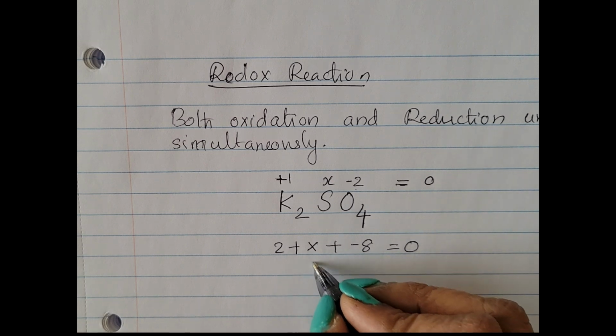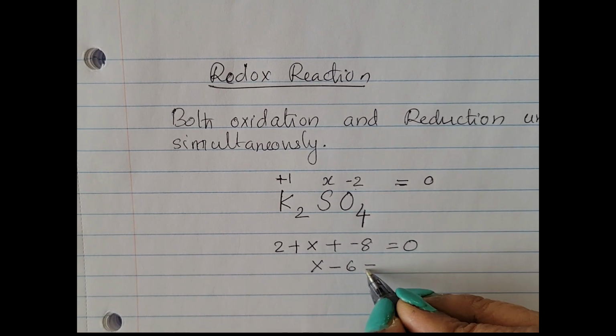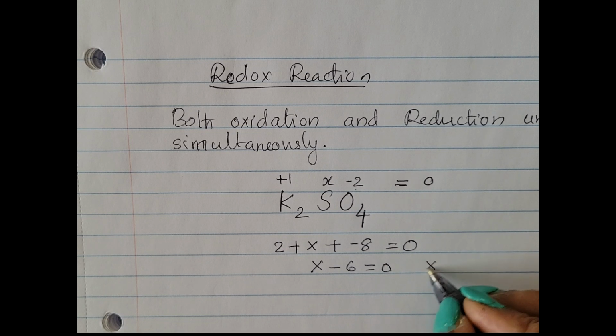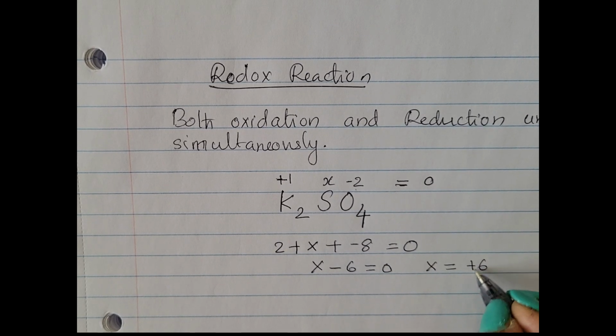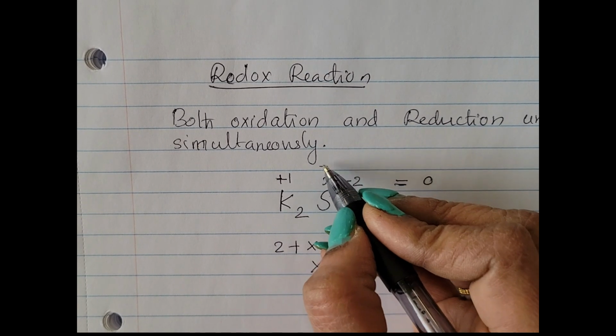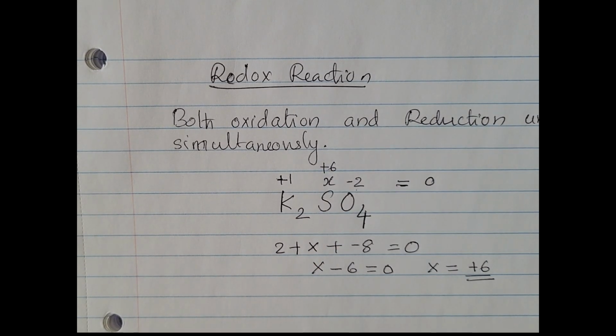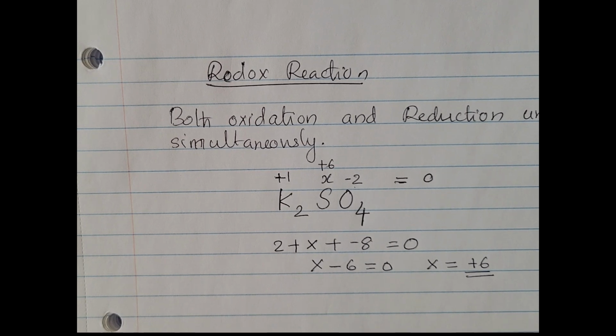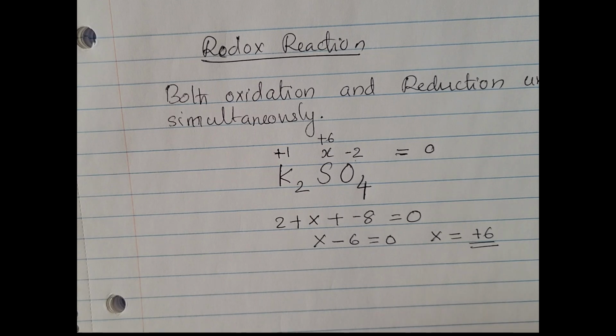So I'm going to solve this. X minus 6 equal to 0. So X will be equal to what? Plus 6. So I found the oxidation state of sulfur, which is plus 6. Good?